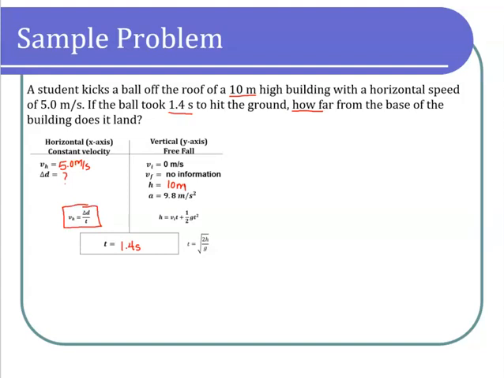To rearrange it to solve for delta D, I have to move the t from this side to the other, so I'm going to multiply both sides by t. These t's cancel, and the distance is going to equal our horizontal velocity times time. So that's our 5 meters per second times our 1.4 seconds, and the distance is going to be exactly 7 meters.